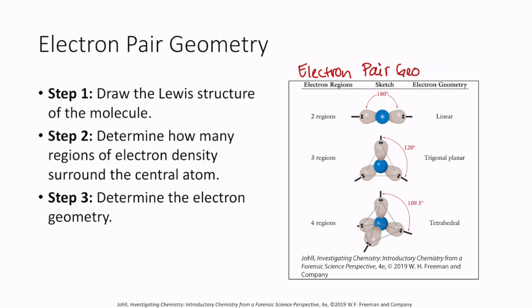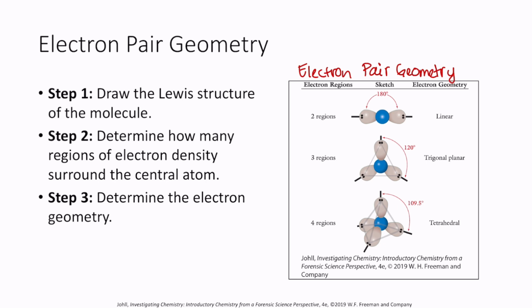So you don't need to memorize it. However, you do need to know how to use it. So this is only for determining the electron pair geometry. And when you're determining the electron pair geometry, you need to count all of the electron groups that are around your atom. So in order to do that, you have to draw your Lewis structure.